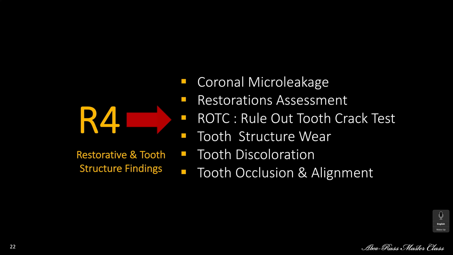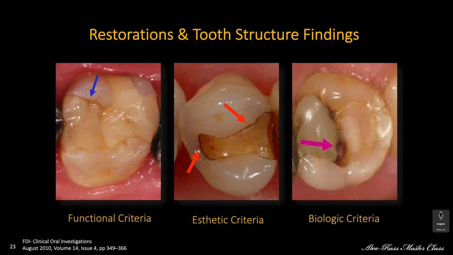We will evaluate tooth discoloration and orthodontic problems, occlusion, and tooth alignment. For the restoration assessment, again, I highly recommend going back to the FDI guidelines, which have specific criteria for the functional, aesthetic, and biologic.